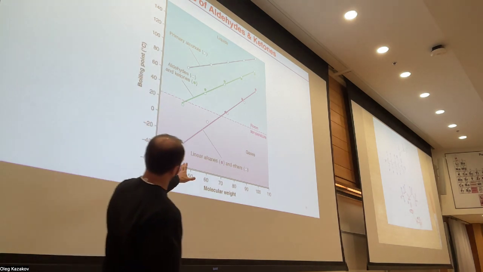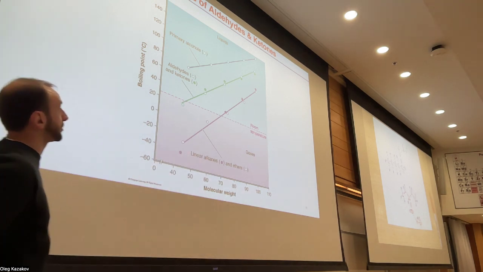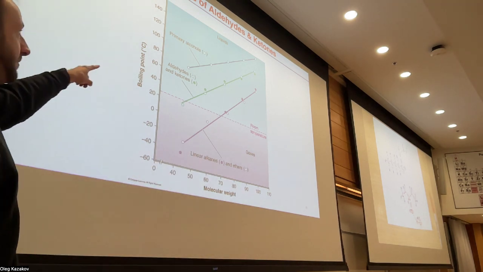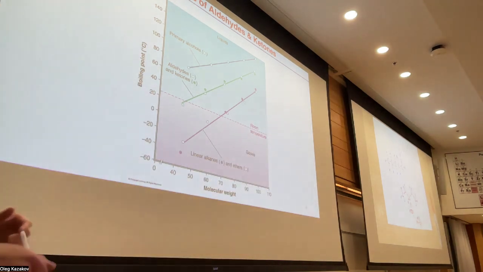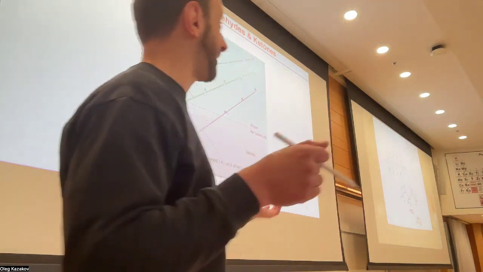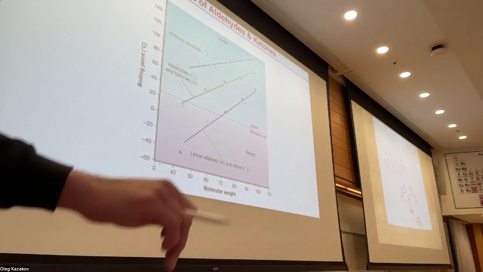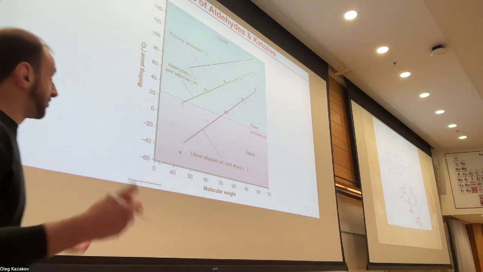A very low molecular weight alkane is a gas at negative temperatures. Whereas alcohols, like ethanol, are liquid at room temperature, and you need to reach about 60 Celsius to boil alcohol. That's why at room temperature it can be consumed.